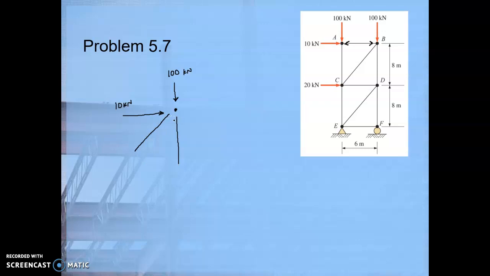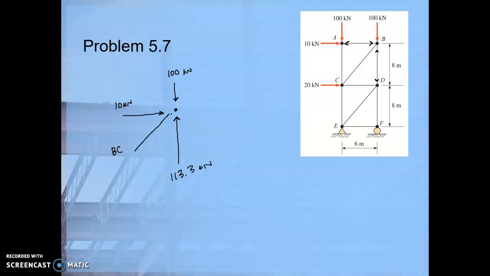The force in member BD is 113.3 kilonewtons. And it was also in compression, which means it is pushing against the joint. It's pushing both up against joint B and down against joint D. And that leaves this member BC, or CB, as our only unknown force.